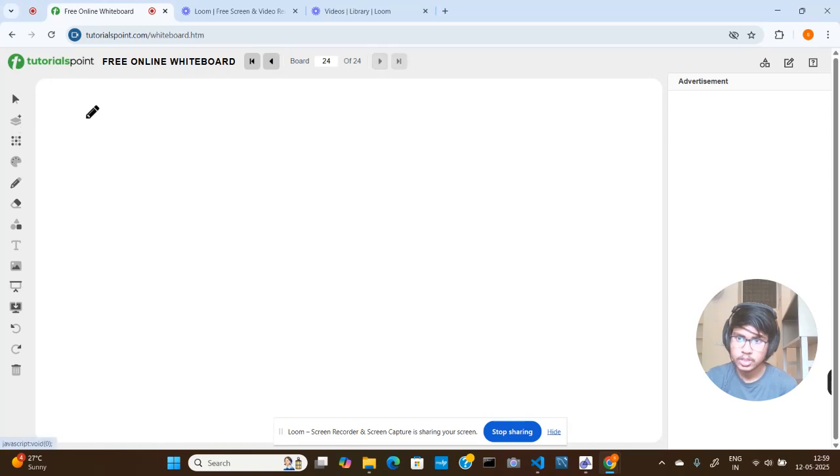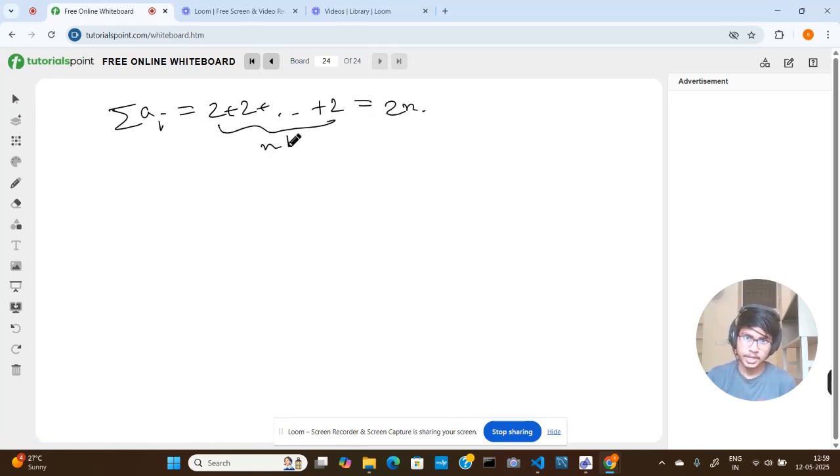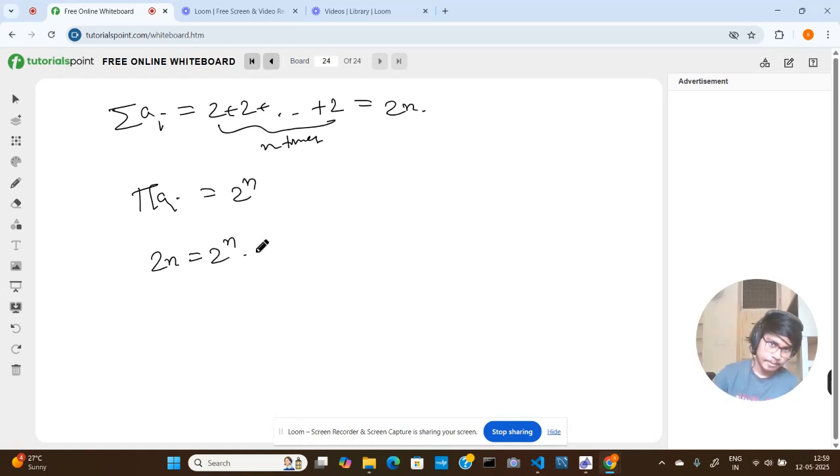So what does that mean? That will mean summation ai is equal to 2 plus 2 plus 2 and so on, which is equal to 2n because this is n times, and product of ai will similarly be 2 to the power n. Now you must have the sum equal to the product: 2n must be equal to 2 to the power n when n is greater than or equal to 3.